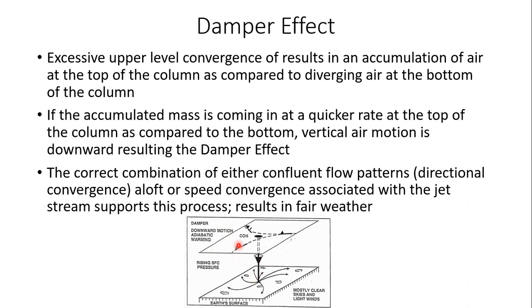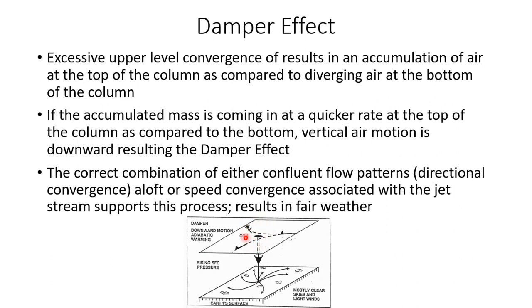So in this case, with damper effect, this is going to be more of the confluence or directional convergence at the top of this column. So we have a southwesterly wind at 50 knots, but we have a northwesterly wind at 60 knots, and they're converging along this common point above the column, at the very top of the column of air. So this is an example of confluence or directional convergence at this point.